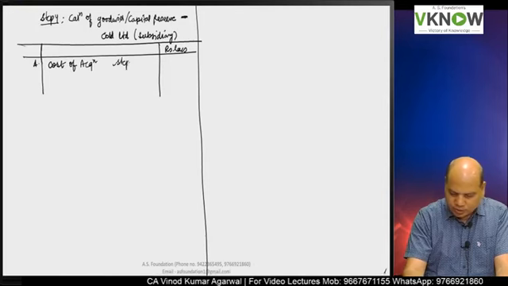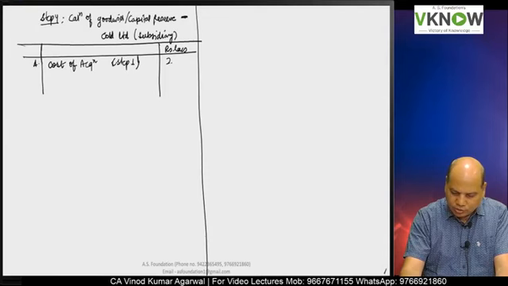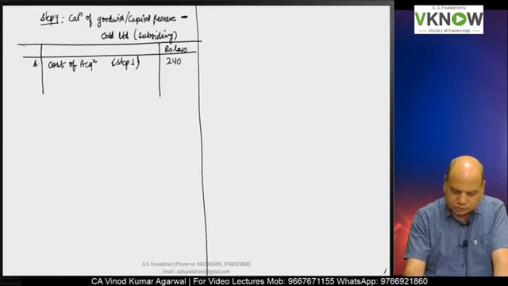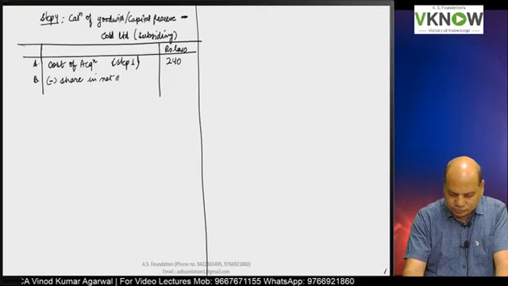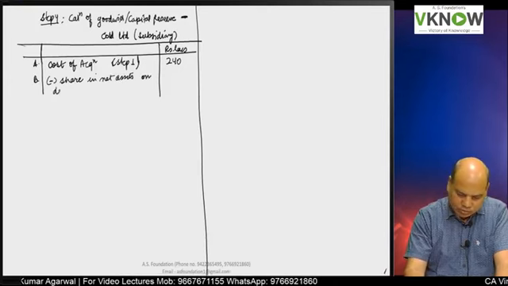Go to step 1. In step 1 you will find 240 lakh. Point B, share in net assets on date of acquisition.